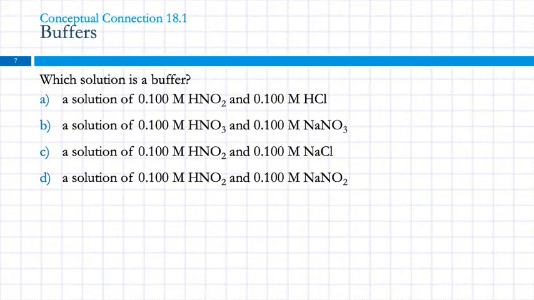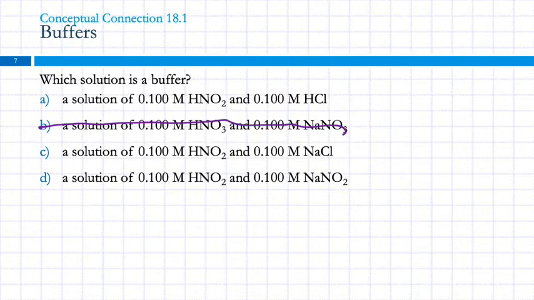So all of these choices have HNO. We've got HNO2 and HNO3. Which of these, are they weak or strong? This one's strong. So here we've got a strong acid and its conjugate base, but that's not going to do anything. So that's no good.